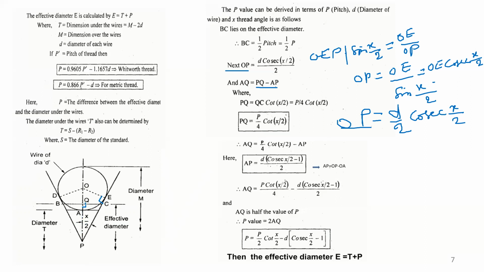By taking this QC, you know, this QC is equal to P by 4, and BQ is equal to P by 4. So this is P by 4, pitch by 4. And this is also pitch by 4. So this value is P dash by 4. And this QP, right?